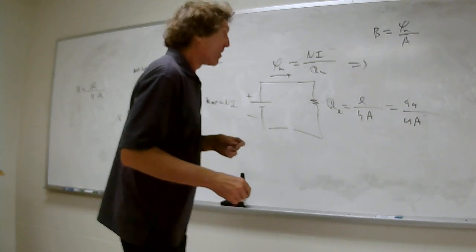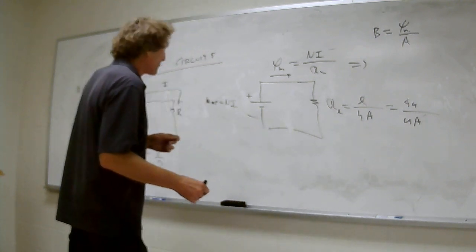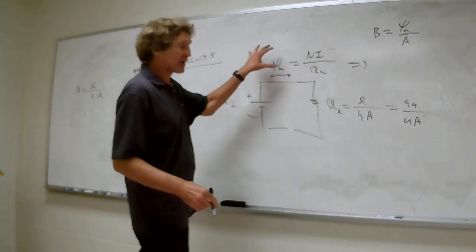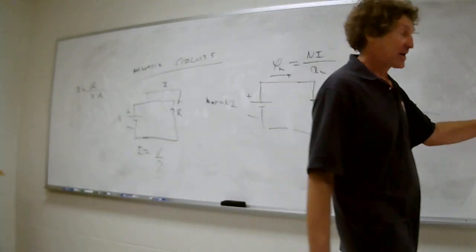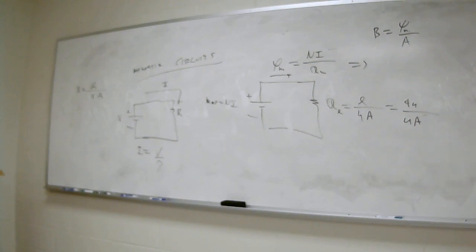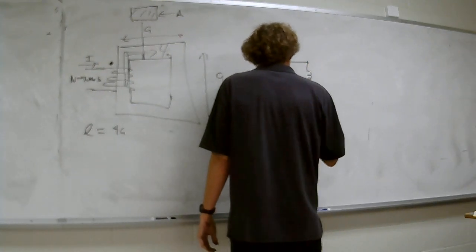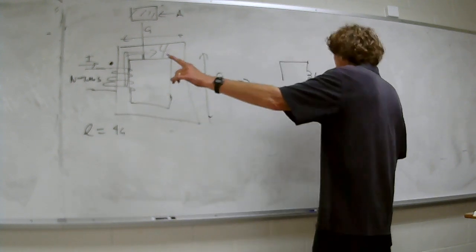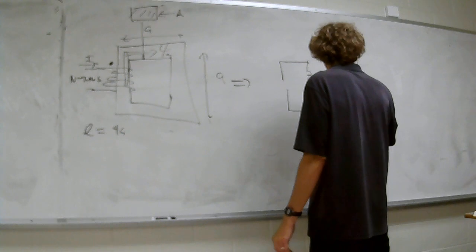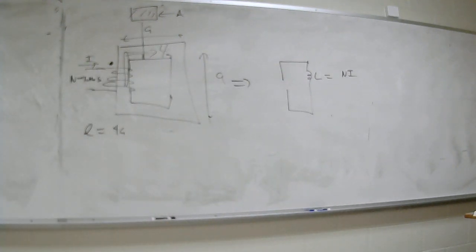Now, all that said, here's something else. If I've got this, and I know the flux is NI divided by the reluctance, I can get the inductance of this. You know how? I can say the self-inductance of this thing, right here, is just the total flux, which is going to be NI over the reluctance.